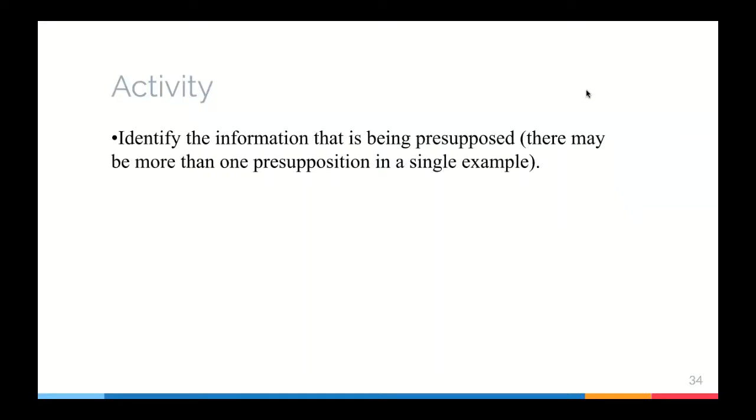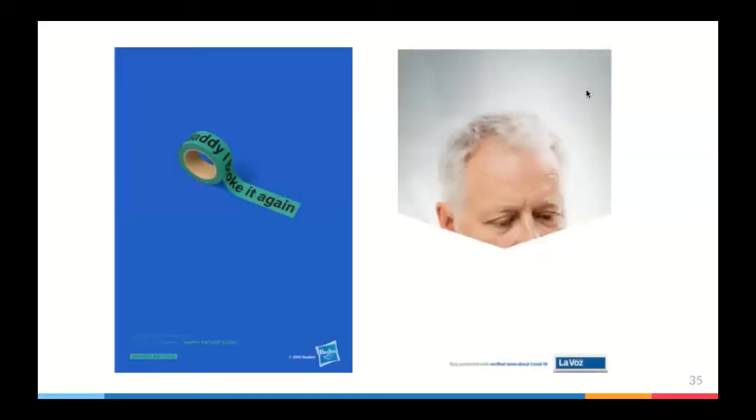For the activity proposed, identify the information that is being presupposed. There may be more than one presupposition in a single example. I have here two advertising campaigns as well. This one says, "To you who always say it is okay, I'll tape this. Happy Father's Day."